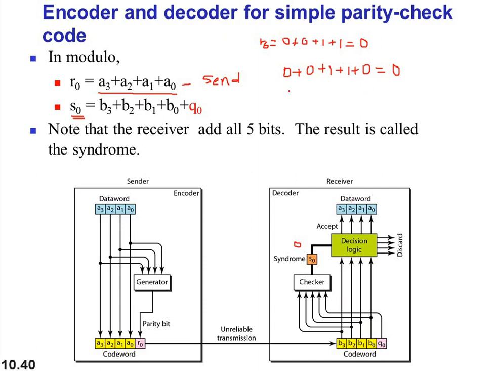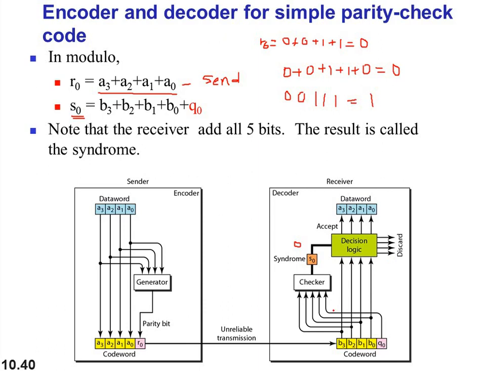Instead, if I receive the code word 0 0 1 1 1, the syndrome generated is 1, and this is not a valid code, so the code word is discarded.